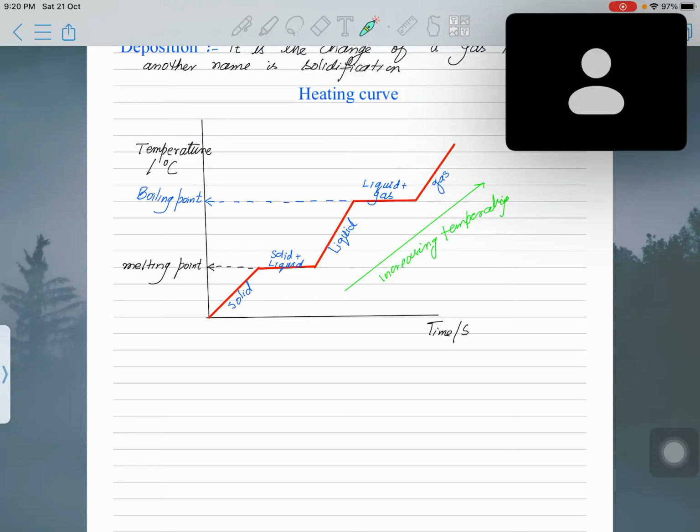So in the heating curve, the heating graph, this is the horizontal part, where solid changes to liquid, and where liquid changes to gas.